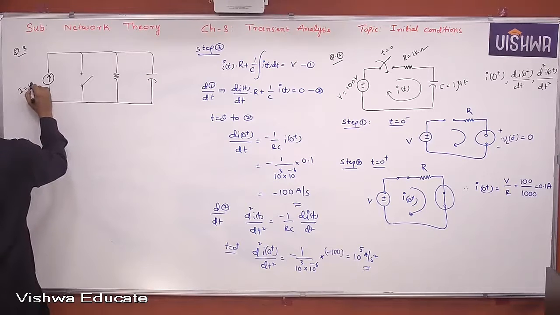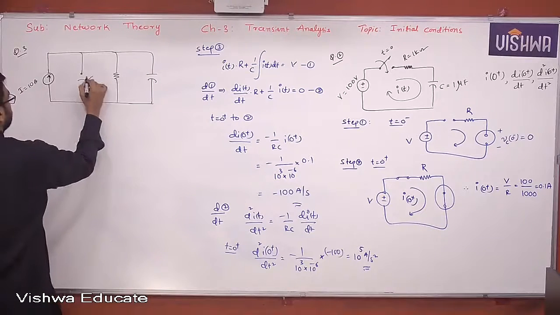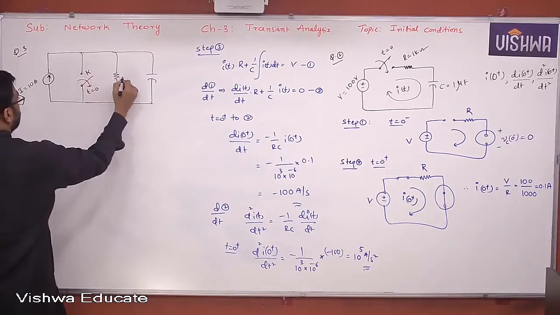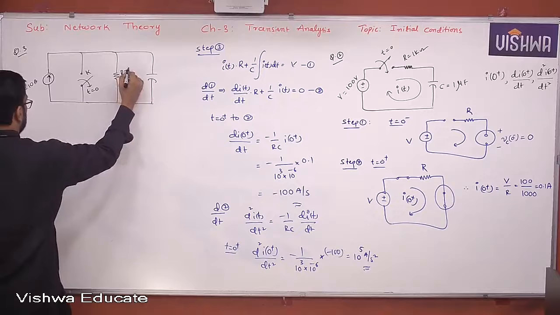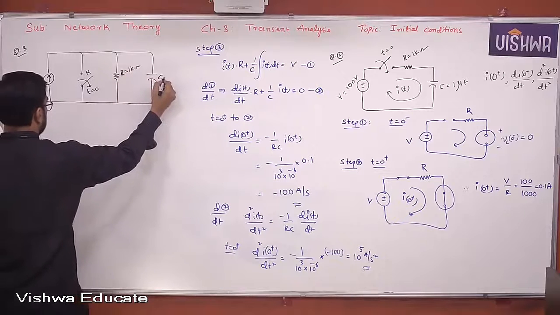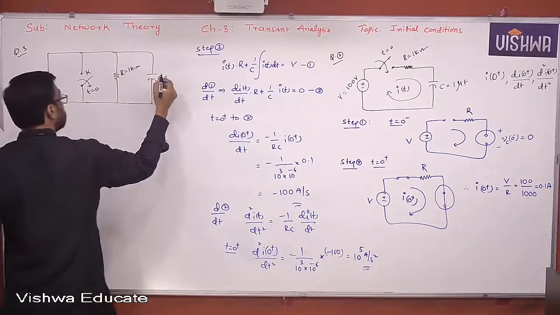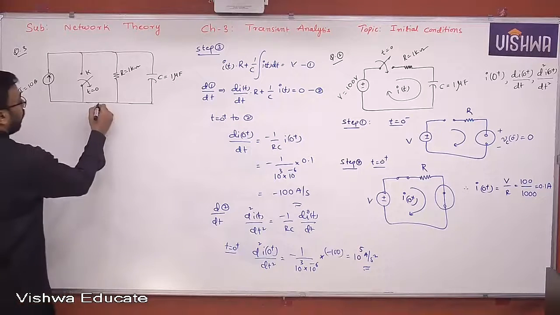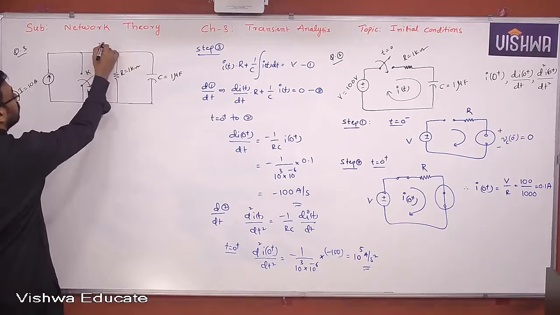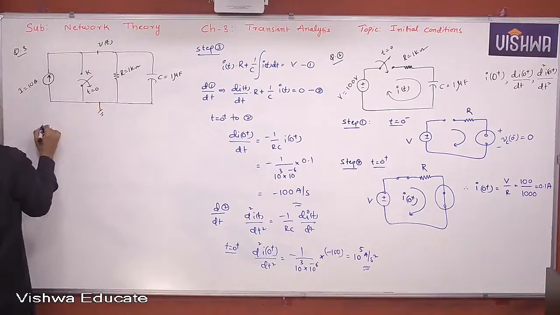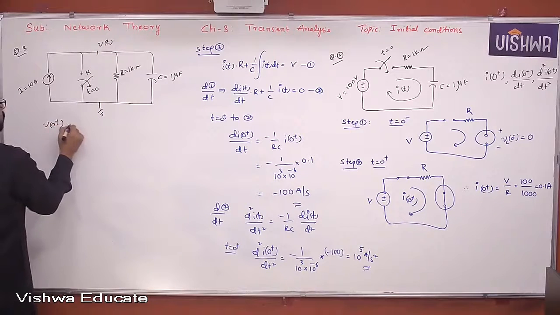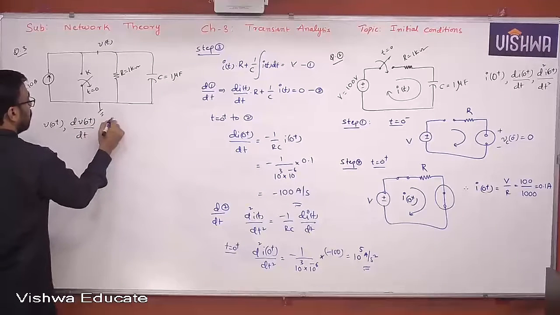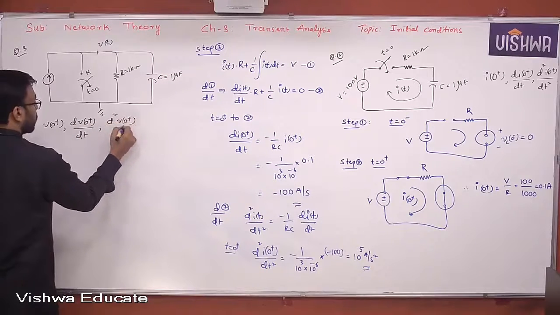I is equal to 10 ampere. d square V(0+) by dt square.